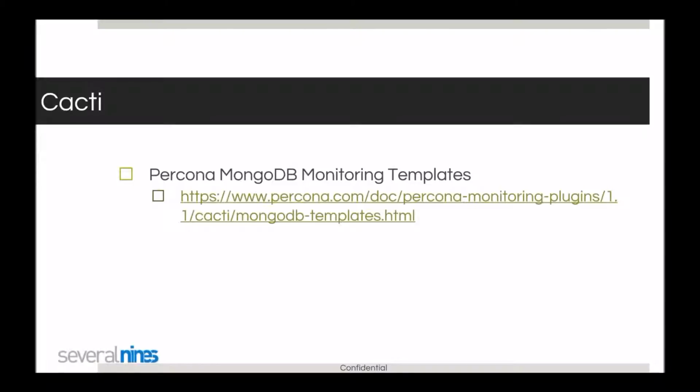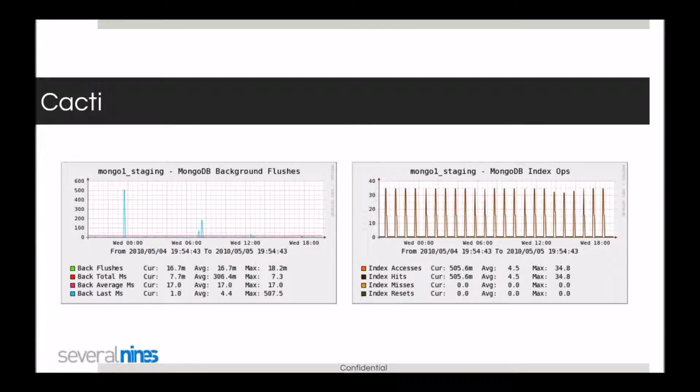And hence they made the monitoring templates for Nagios and for Cacti in a similar way as they created the monitoring templates for MySQL. They have all the necessary graphs that you need, showing, for instance, the background flushes or the index operations that happen.